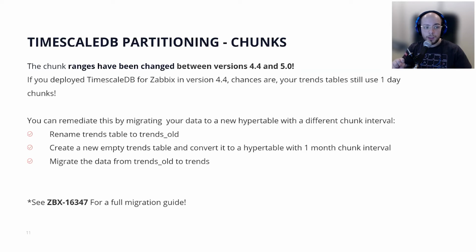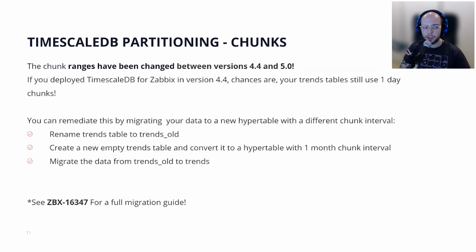And this caused issues, I think some overuse of Postgres memory, because if Postgres has too many daily chunks or too many inserts into those chunks, it essentially bugged out a little bit, and we saw Postgres running out of memory or overusing memory. So over time, we changed these trend chunks to be monthly chunks. And if you have upgraded maybe from 4.4 manually to 5.0 or a newer version, take a look at your trend chunks. Maybe you're still using daily chunks.